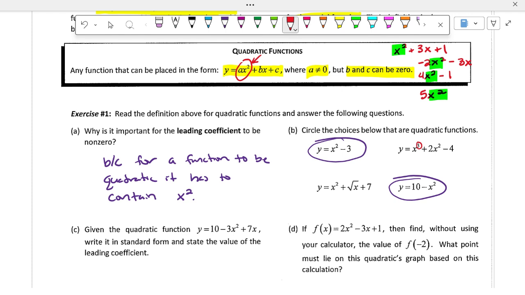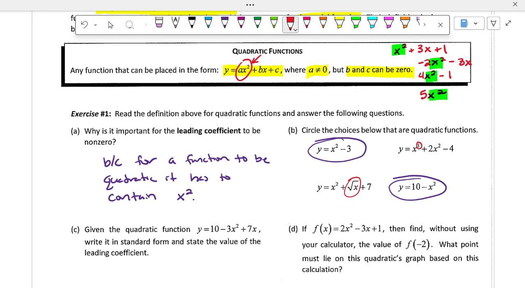Now, what's wrong with the bottom left function? The square root of x. Why can we not have a square root of x? Remember, a quadratic function has to be a polynomial. Is that even a polynomial?